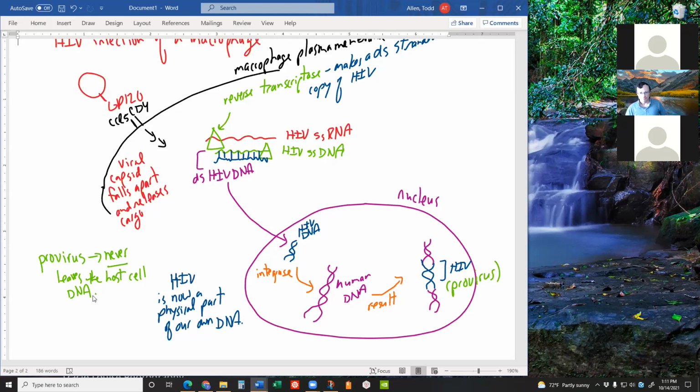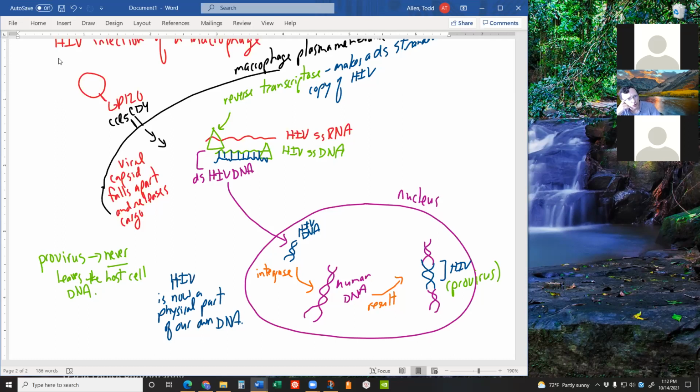Okay. So at this point, what's going to happen next is that you're going to get gene expression of the viral DNA that's just incorporated.